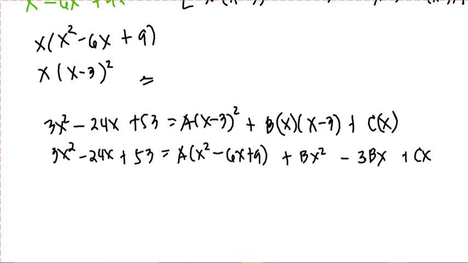Okay, so we can value 3. So we have 3x squared minus 24x plus 53. So let's distribute.